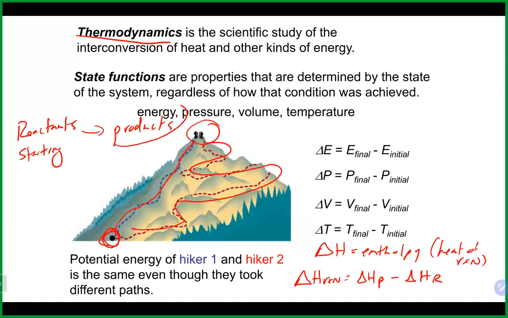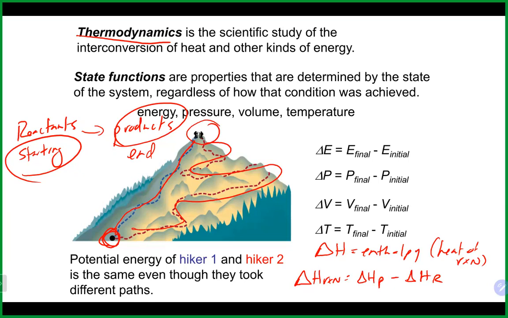Products are usually the end position, and reactants are the starting position. So a lot of thermodynamic calculations involve taking the difference between where you end with your products versus where you started with your reactants. In terms of energy, that is also what we look at: products minus reactants, our final state and our initial state.